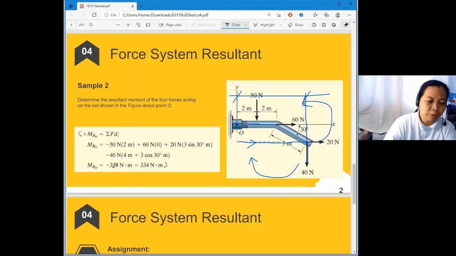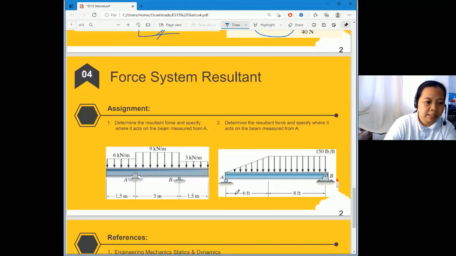This negative only shows that our moment is clockwise. So instead of using negative 334, you will use this sign convention. So your answer is 334 Newton meter clockwise. That's it.